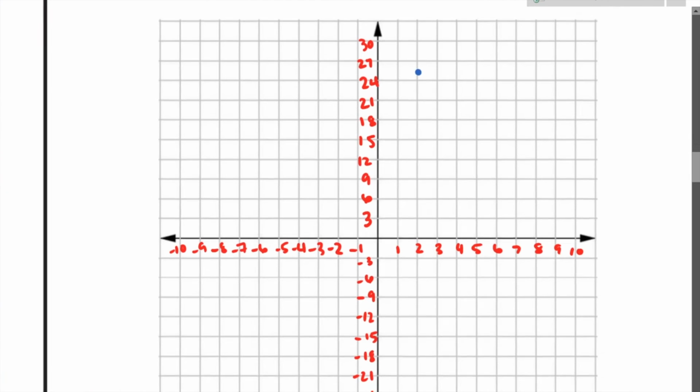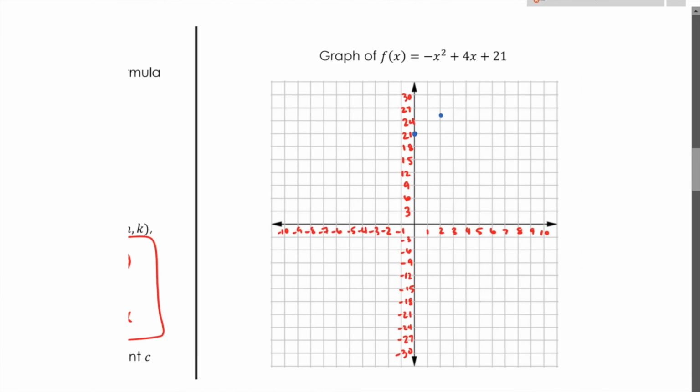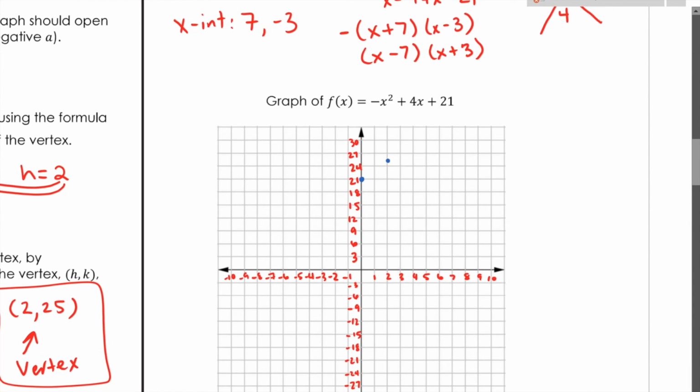So 0, 21 is this point right here. My last step is to graph my roots essentially. So I'm going to graph -3 here and my positive 7 here. Connect my dots. And now I'm done. Not too difficult, and that's it for this video.